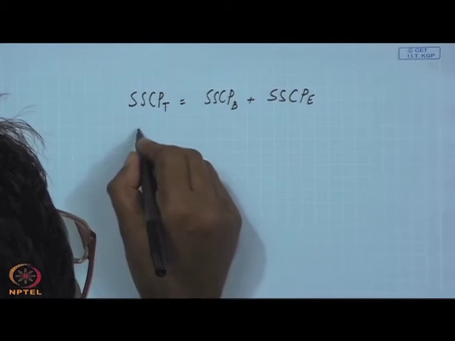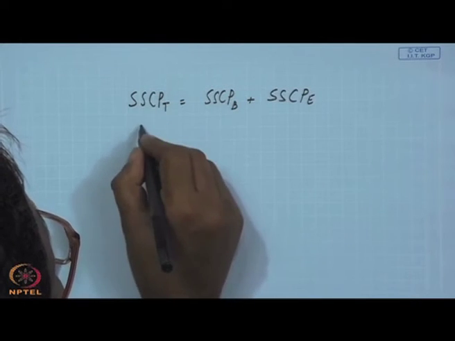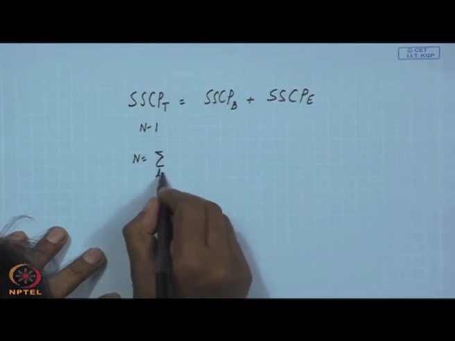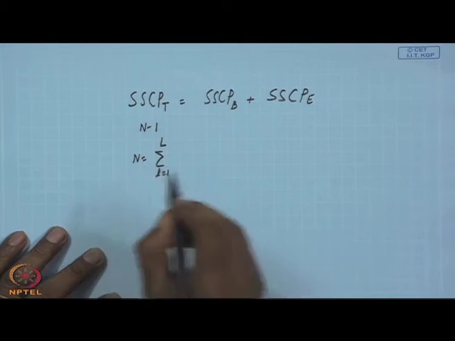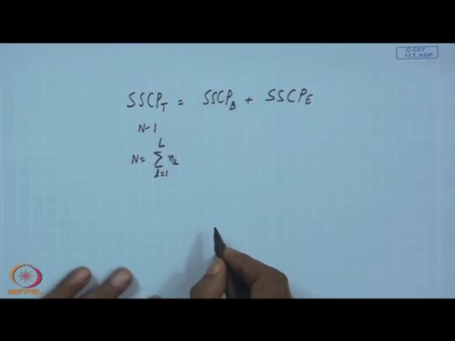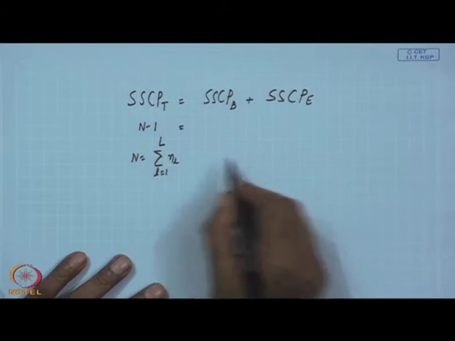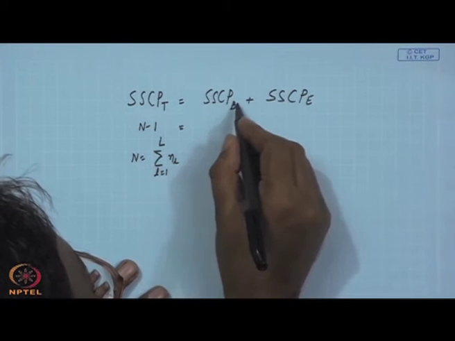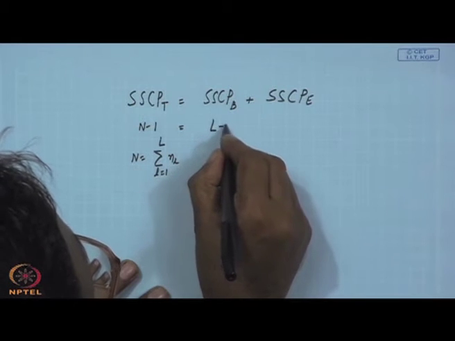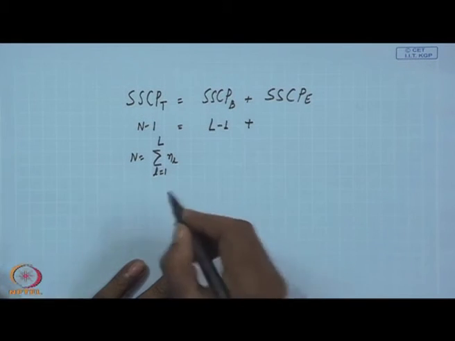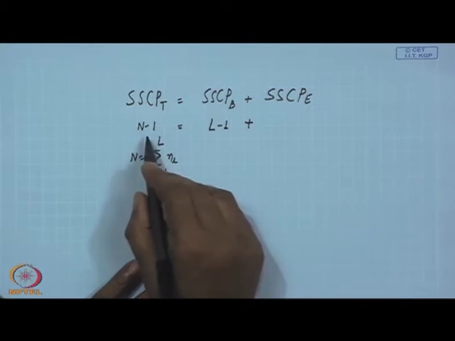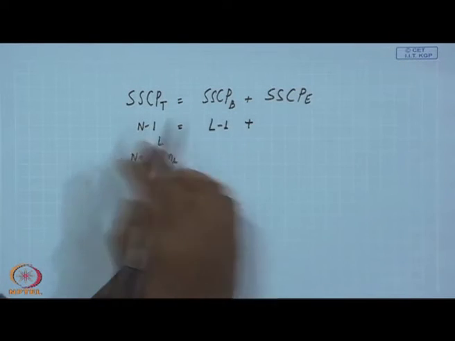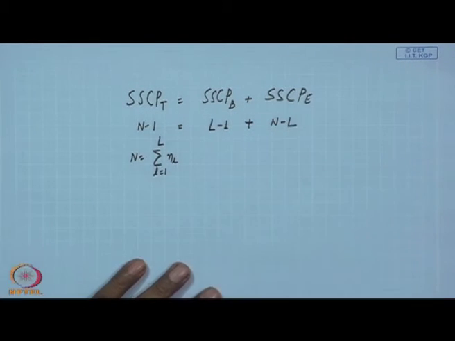We also discussed that the degrees of freedom for SSCP total is n minus 1, where n is the sum of n_l for l equal to 1 to capital L, and there are L populations. So the degrees of freedom for SSCP B is L minus 1, and the rest will be n minus L.